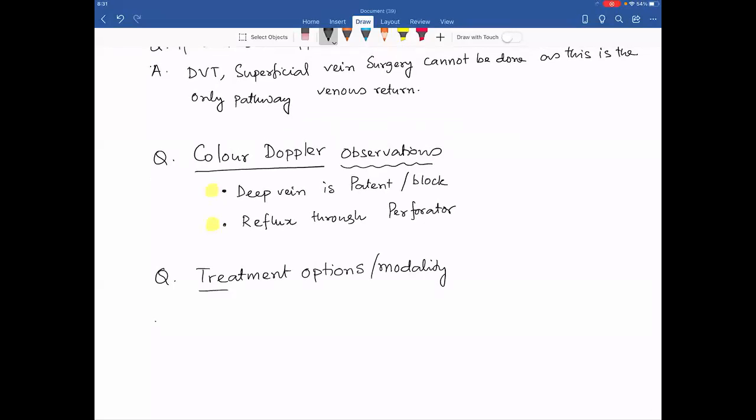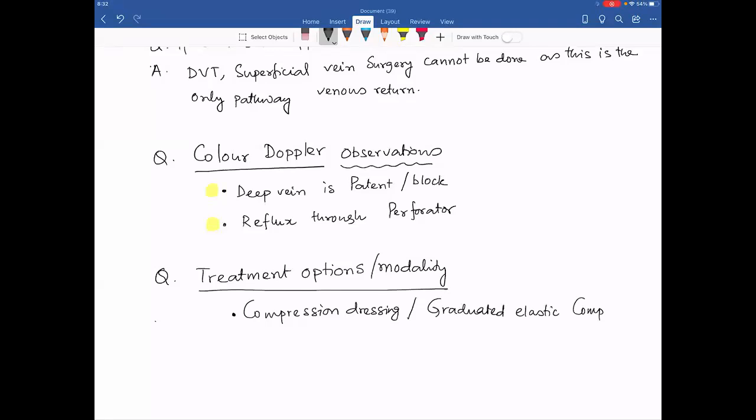The treatment modality and the options include, number 1, compression dressing, oblique, graduated elastic compression stocking.